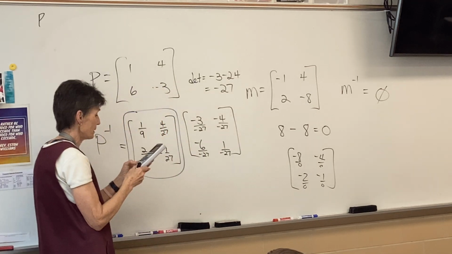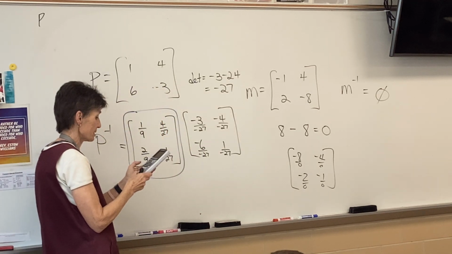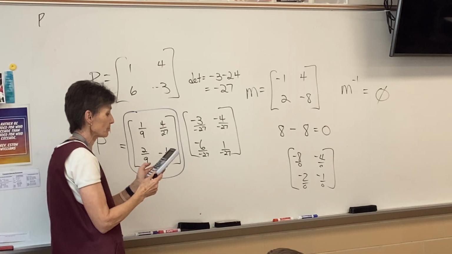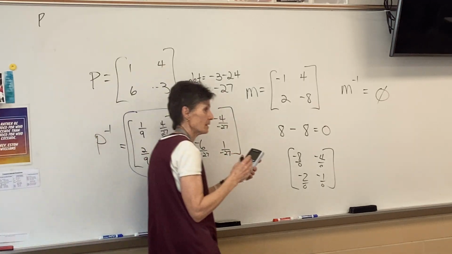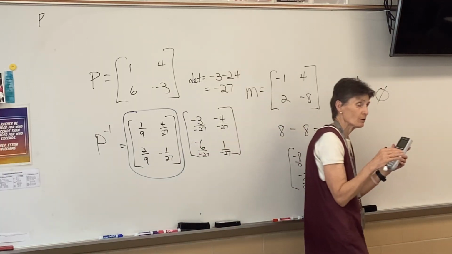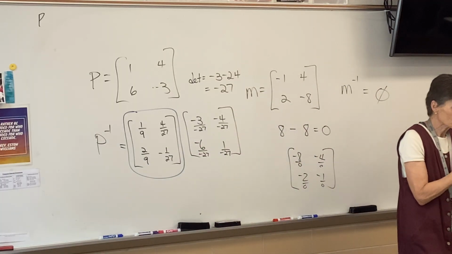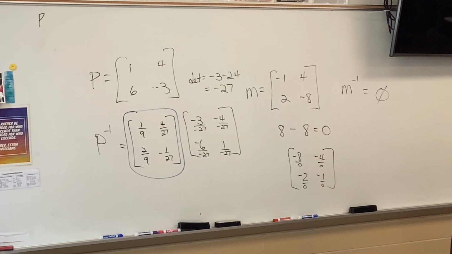So 1, 4, 6, and -3. When you get that last one in, make sure you hit enter, then you're going to second quit, just quit out of it. And then go back in and hit enter, because A is highlighted right now. So hit enter, and then press your inverse button.